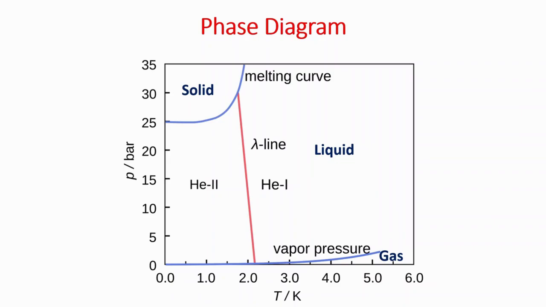But you can also convert helium into a solid provided you apply a very high pressure of 25 bars. Okay, this melting curve you see, beyond this melting curve helium exists as a liquid, and to the left it exists as a solid. So this is the phase diagram of helium 4. Remember, helium 1 is the normal helium, helium 2 is the superfluid helium.